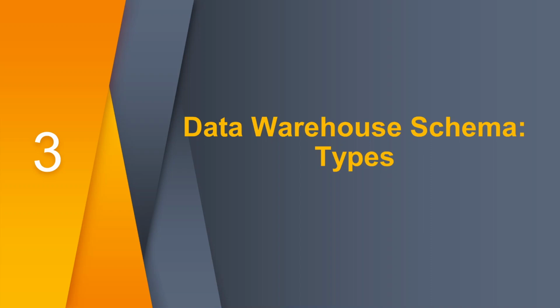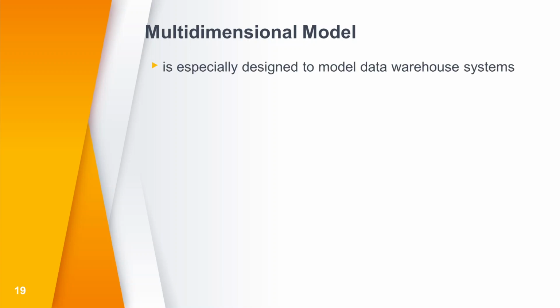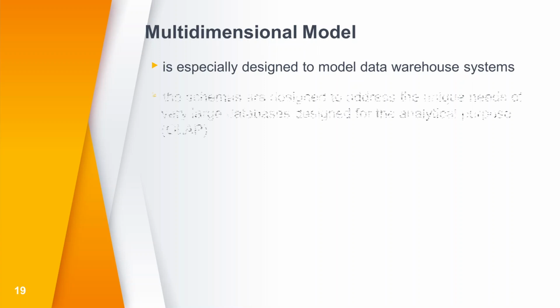In this video, I will discuss the three major types of data warehouse schema. So let's start our discussion by defining a multidimensional model. A multidimensional model is specially designed to model data warehouse systems.